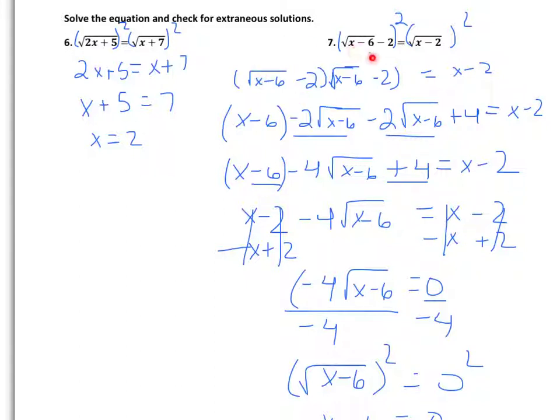And then square root of x minus 6 times negative 2, negative 2 times the square root, negative 2 times negative 2, 4. Okay? So sometimes there's going to be a little more work to do. A little more steps, not necessarily different work, just different steps.